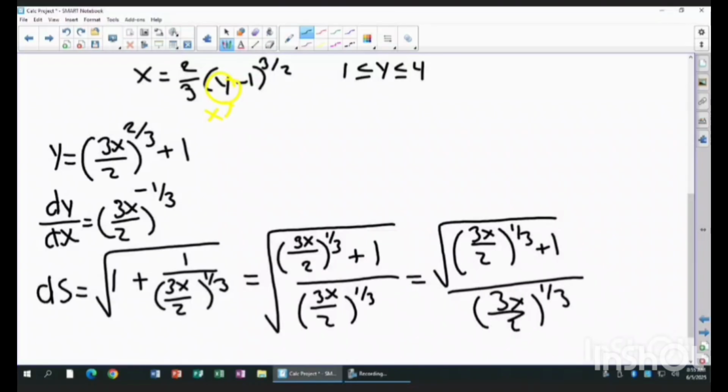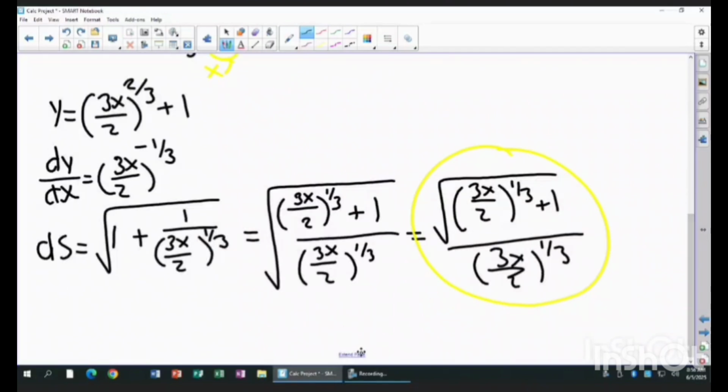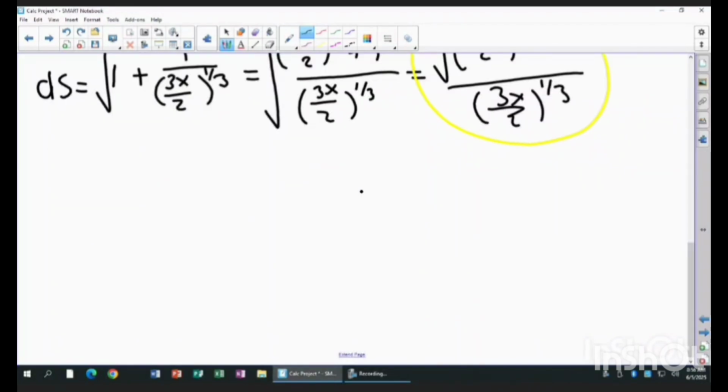So this is now what you're going to put in your integral. It's a lot. That's not something you want to be solving, but you can't solve it. L, what we just solved. 3x 2.